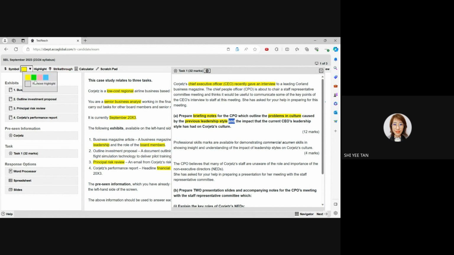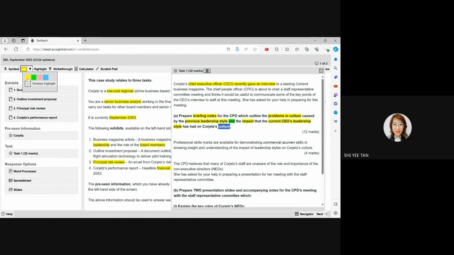You have the word A-N-D, and. So you have two things to write. Not only the problem in culture caused by the previous leadership style, but also the impact. Impact means consequence, right? Impact that the current style has had on the culture. Okay.